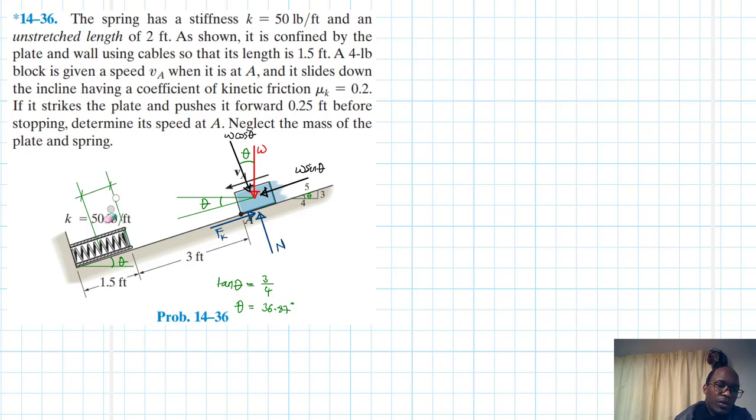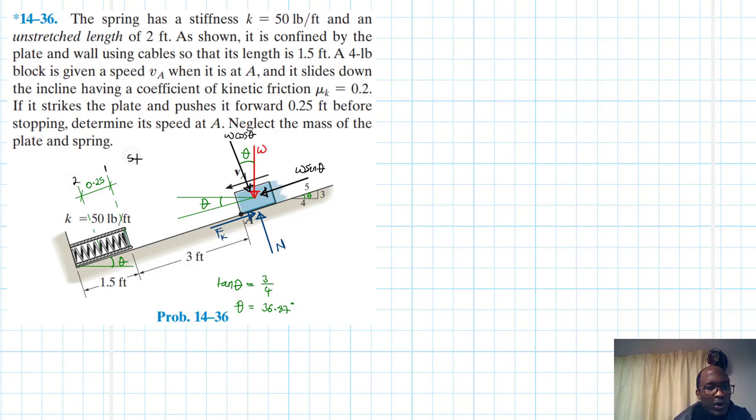The moment this block hits the spring, the spring gets displaced by a certain amount, which we've been told is 0.25.